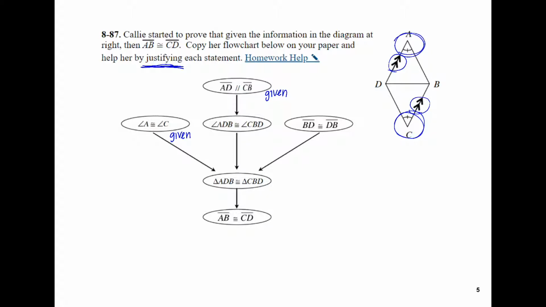BD is congruent to DB, and we can justify that by saying it's the reflexive property, which we also know as shared side.